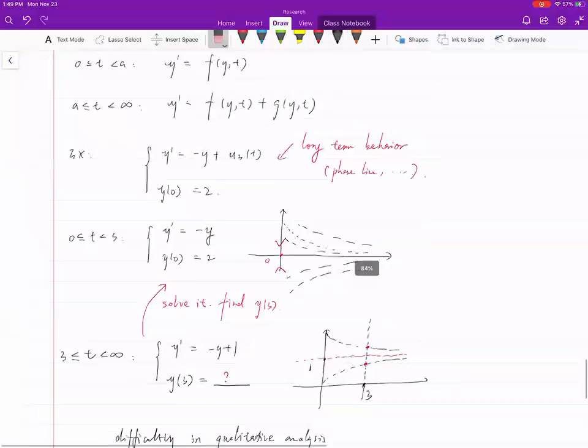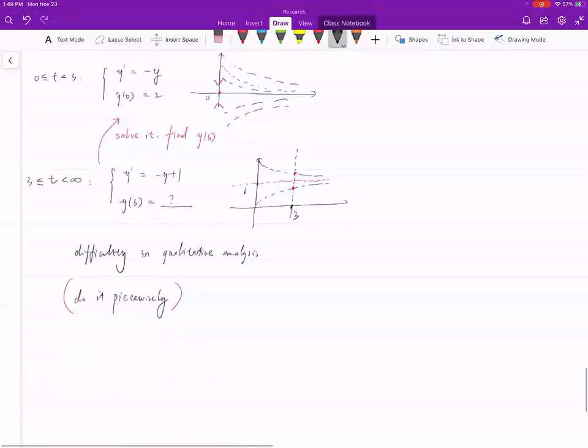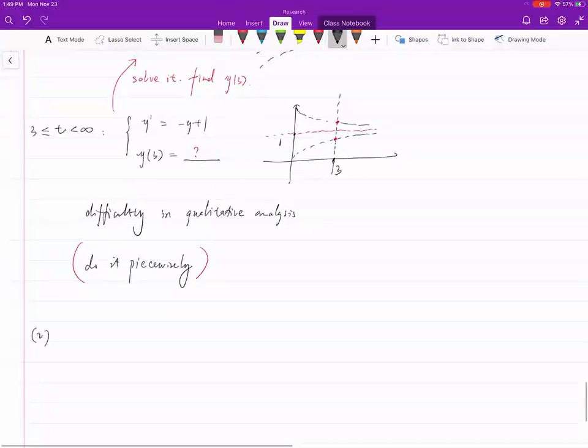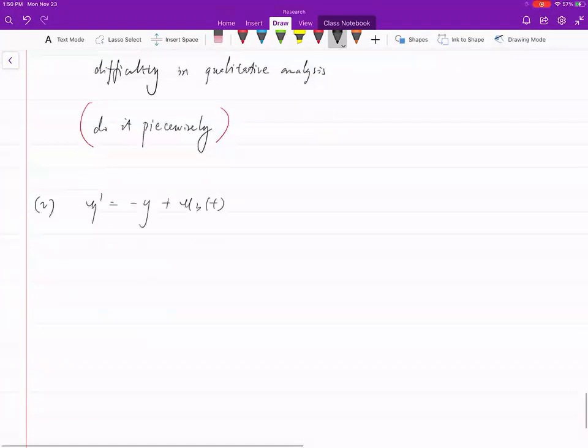This is an example, all right? That is the Heaviside function. Now let's see how we can handle it with the Laplace transform. Can I do the Laplace transform?